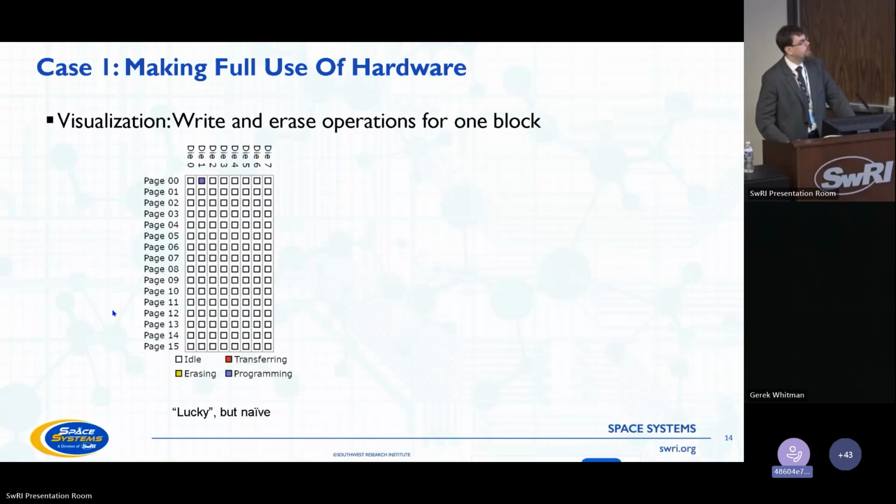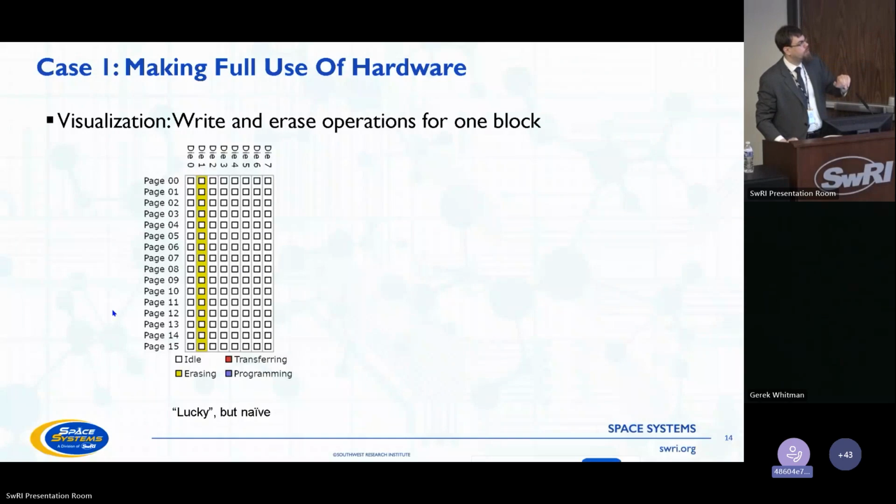So here's a visualization of a write procedure that is writing through a simplified picture of a die, and the red square that's moving through the memory is the pointer for the write address. So you can see there's die at the top and page at the bottom.